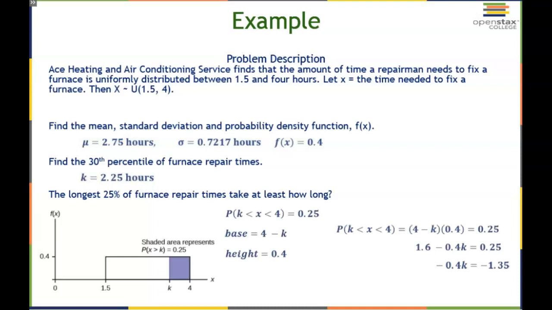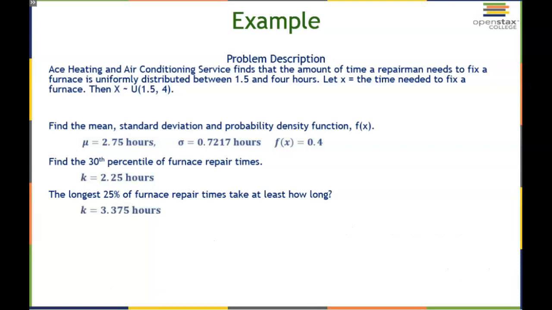And divide both sides by negative 0.4, we get k equals 3.375. So 25% of furnace repairs take at least 3.375 hours to complete.